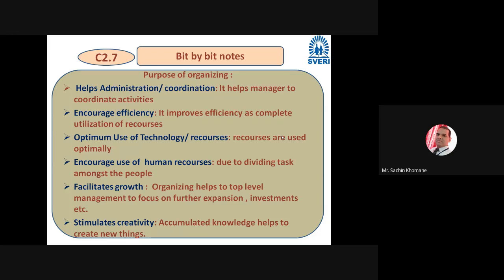They provide everything, and all the experts are there in that group, right? The accumulated knowledge of those 10 expert people from that particular group will create new things, and in this way it stimulates the creativity. So that's why organizing is important. Understood everybody? So that's why organizing is important.